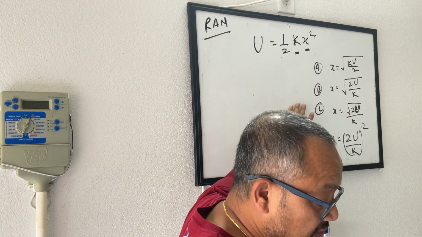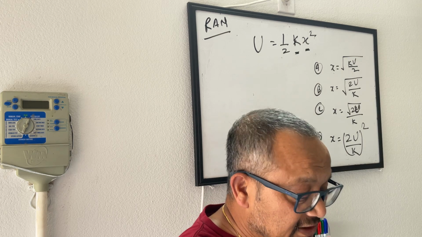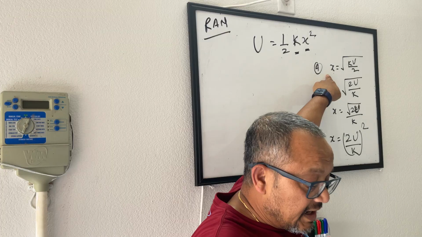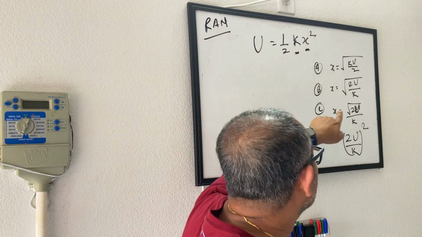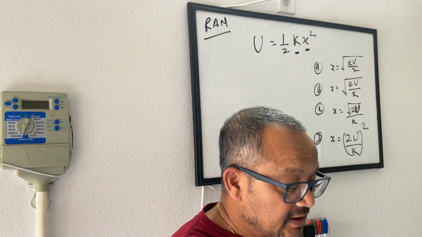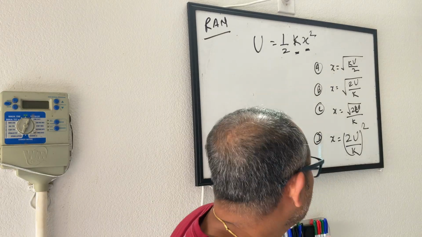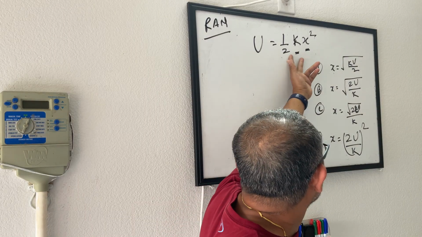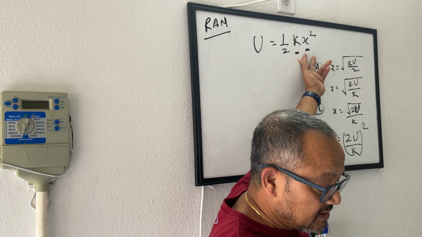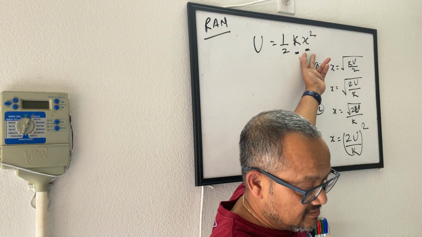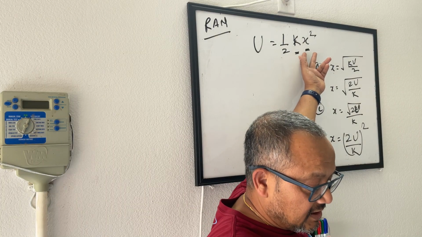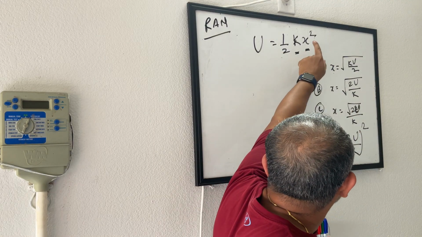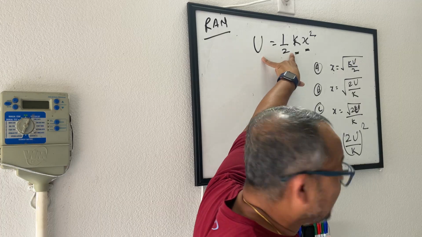Which of the below correctly shows the object's absolute compression, which is x, in terms of its elastic energy and the spring constant? So basically, you are given this formula where U is the energy, this is the constant, and this is the compression, and we have to find out compression in terms of K and U.